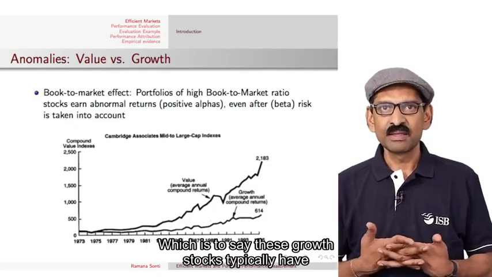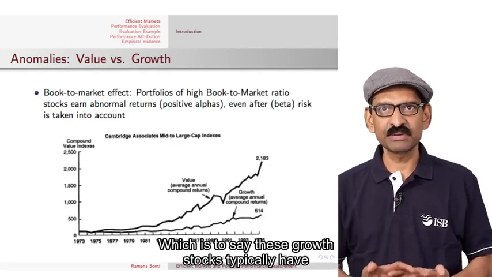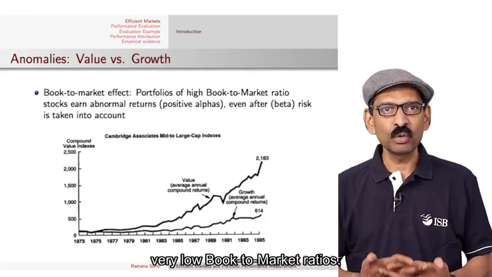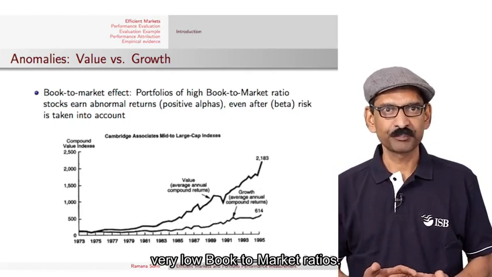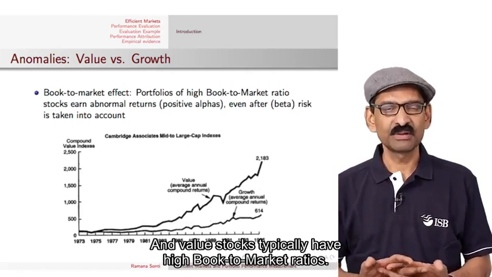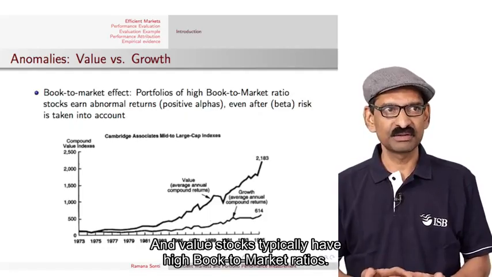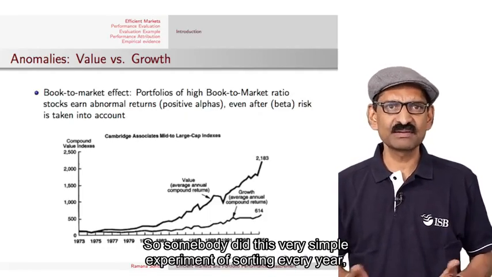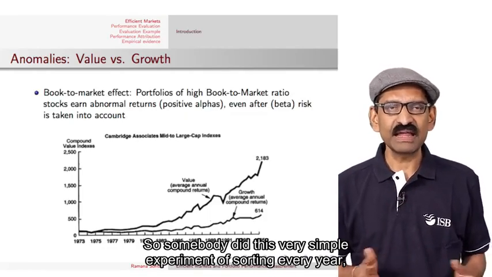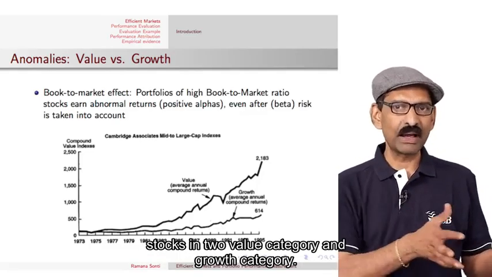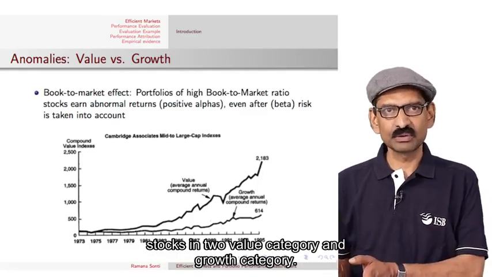So these growth stocks typically have very low book to market ratios, and value stocks typically have high book to market ratios. So somebody did this very simple experiment of sorting stocks every year into value category and growth category.